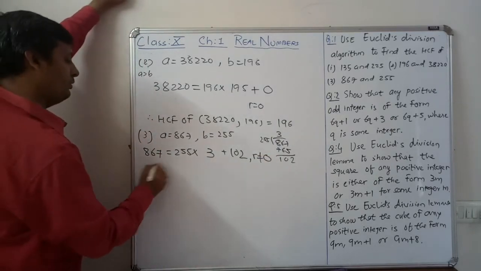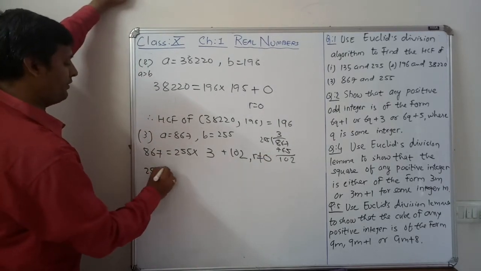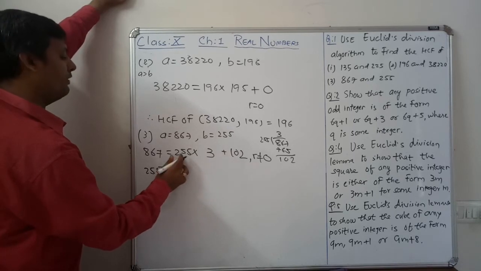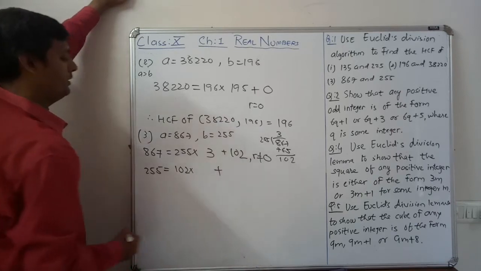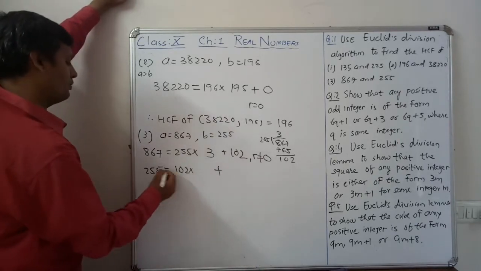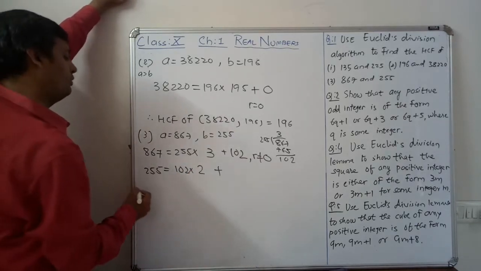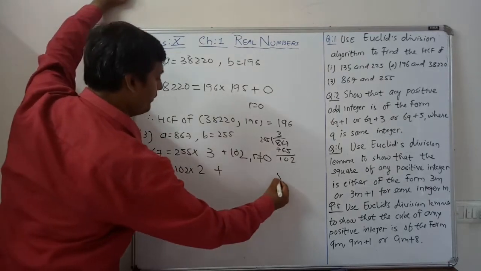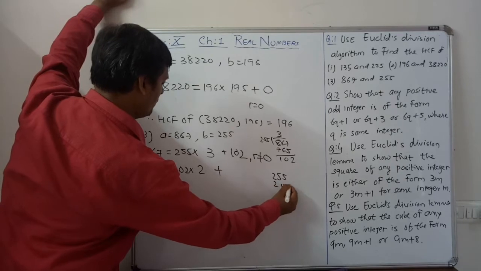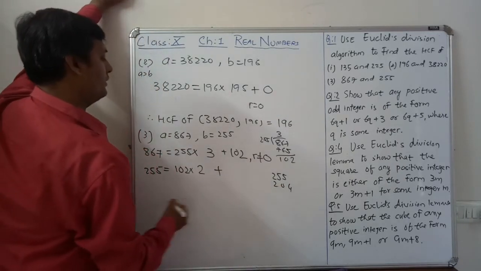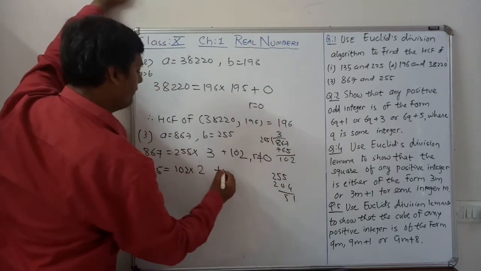The procedure continues. Now 255 becomes the dividend and 102 becomes the divisor, right? So 255, 2 twos are 4, so 2, right? 255 and 2, so 204 here. So here 1 and 51.